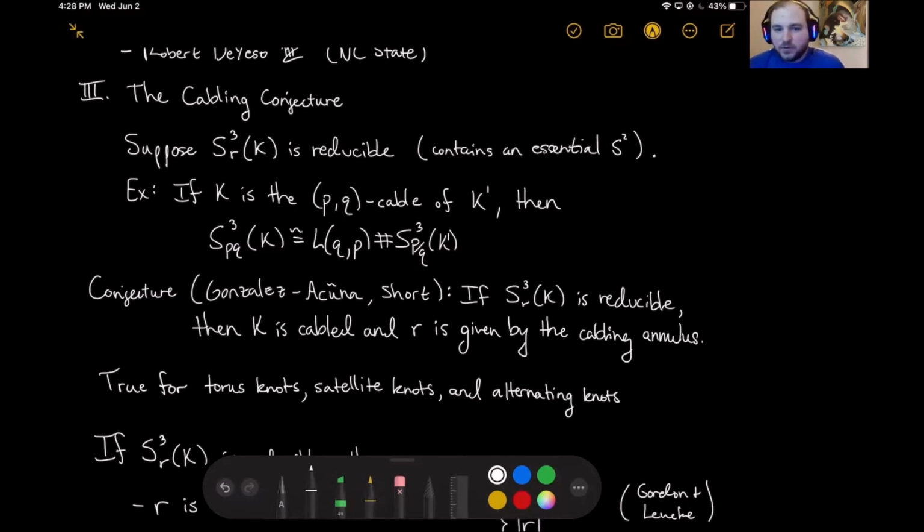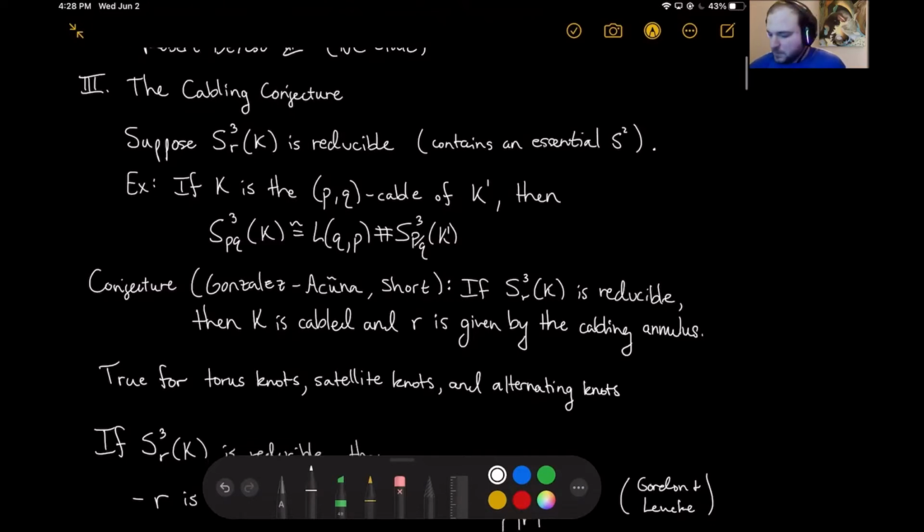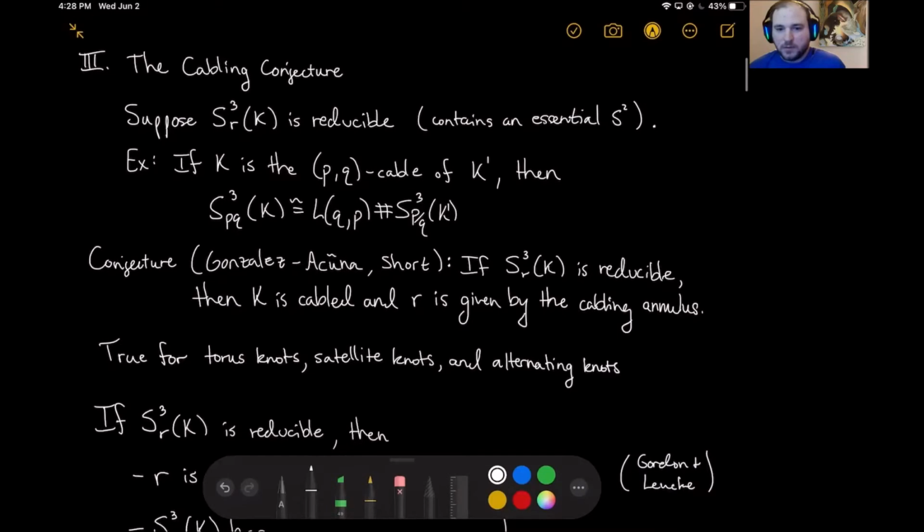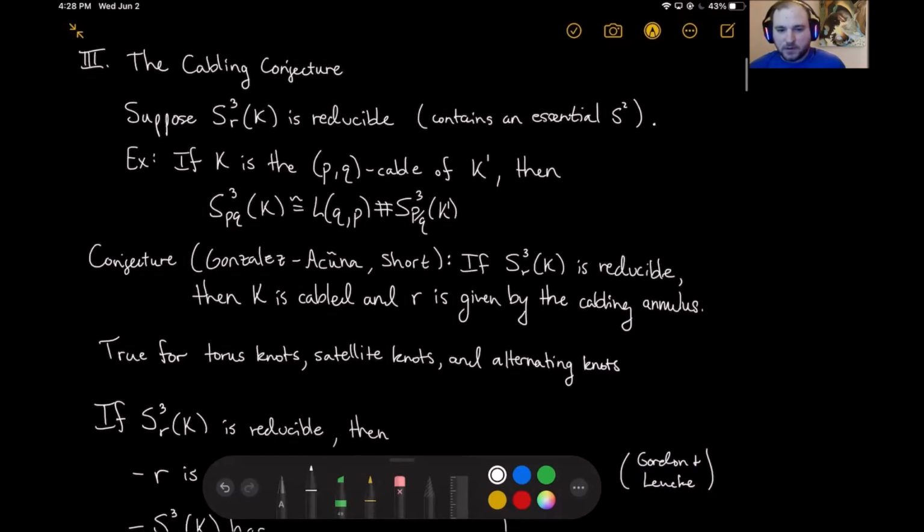The cabling conjecture is known to be true for torus knots, satellite knots, and alternating knots. Here, you think of torus knots as cables of the unknot. All right, so it then suffices to just look at hyperbolic knots.